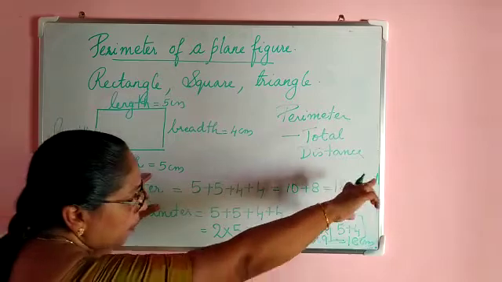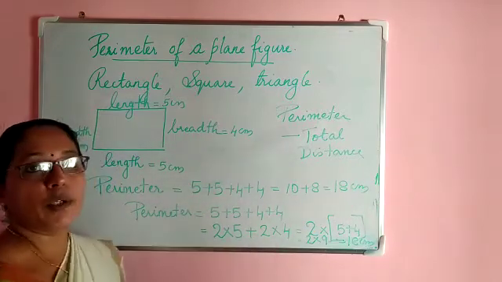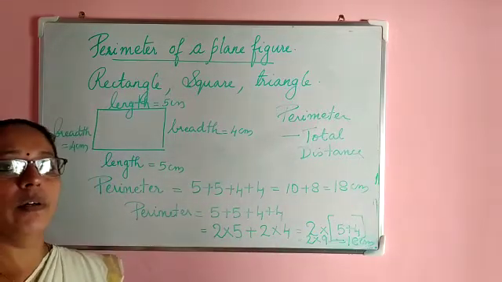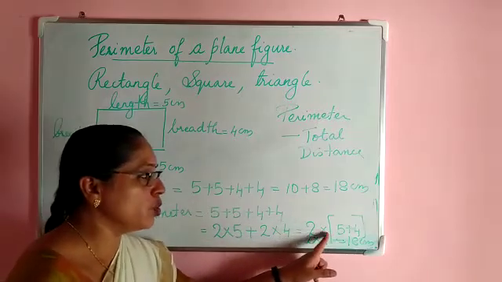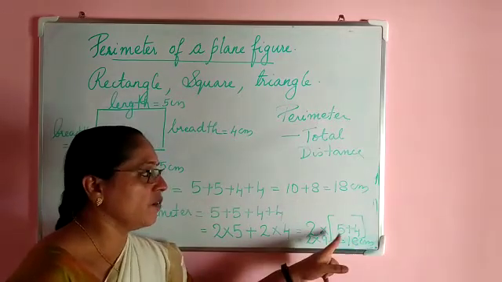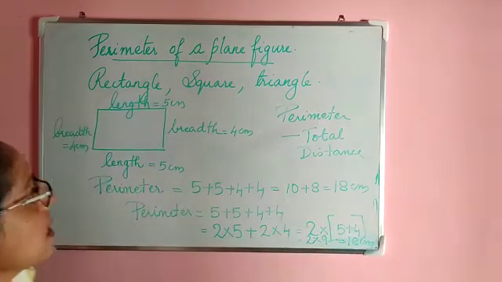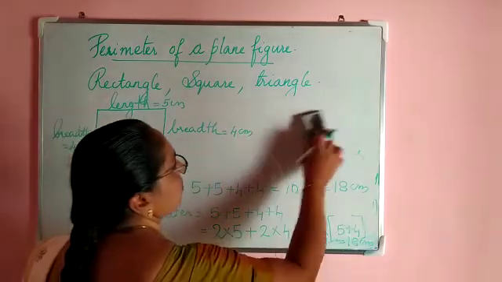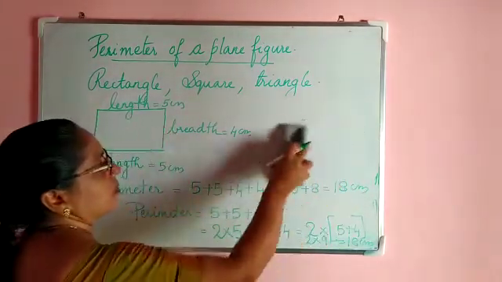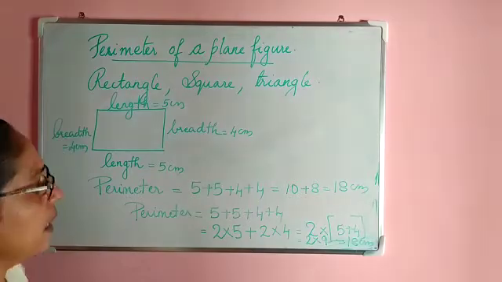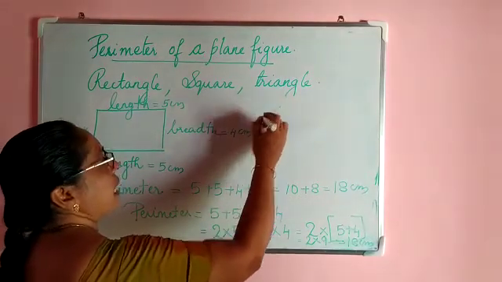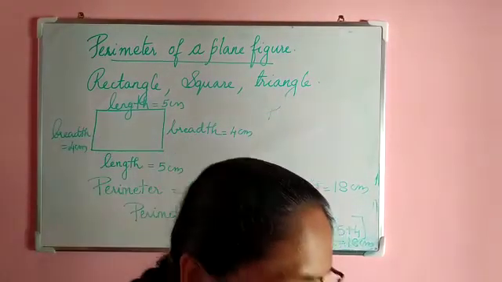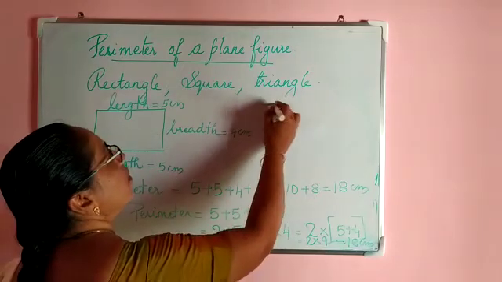So the same problem we can do by distributive property also. So we can now say the perimeter of a rectangle.